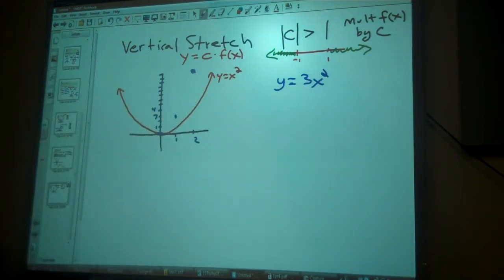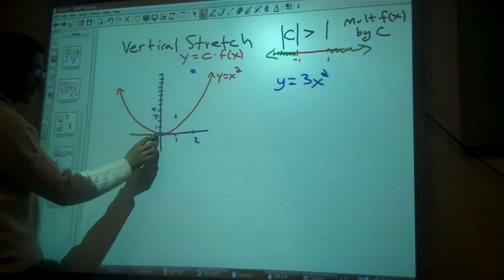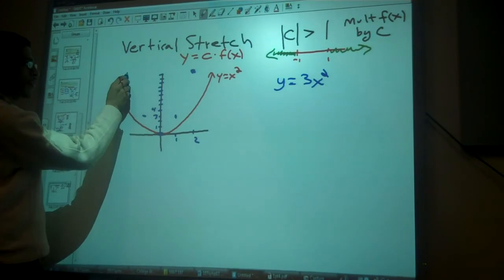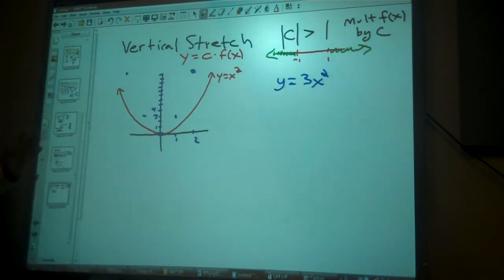And then the symmetry works the same kind of way where I'm now, say, here and here. And so I haven't shifted the graph at all.